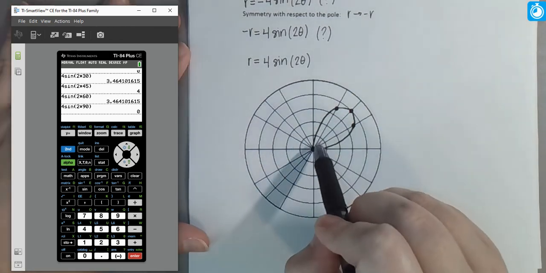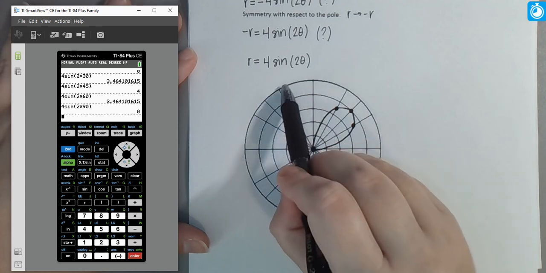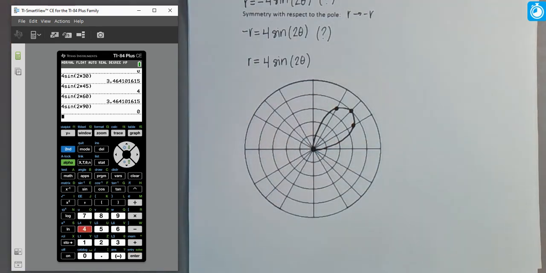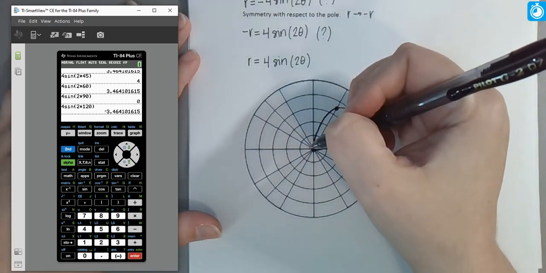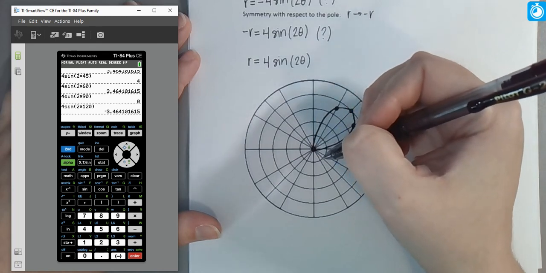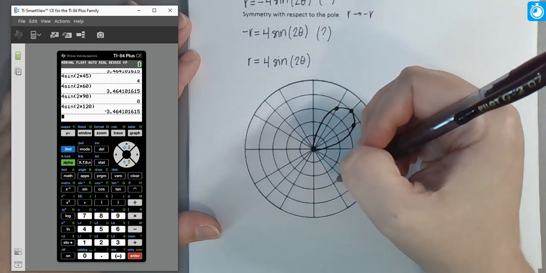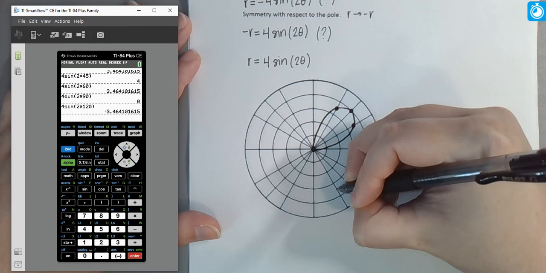Now, if we continue to rotate, that'll take us to 120 degrees. So 4 times the sine of 2 times 120, well, that gives us a negative value. Now notice it's similar to the values we had above at about 3.5, but it's going to be negative. So there at 120 degrees, we're at negative 1, 2, 3, about negative 3.5.